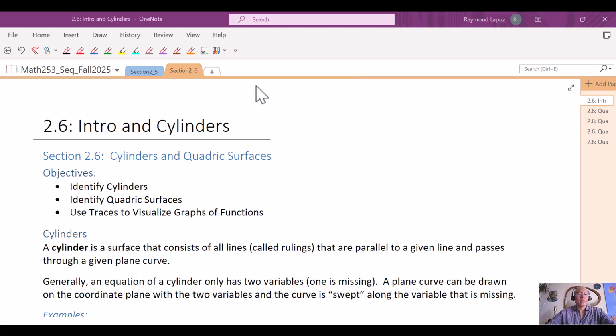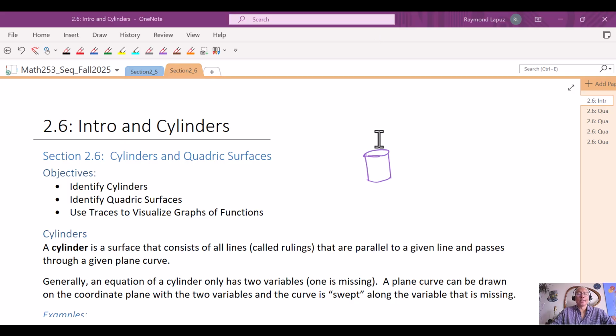Our first objective is going to be looking at cylinders. In cylinders, we think, well, I know what a cylinder is. It's one of these guys that have a circular base that has a height, and so that's what we think of when we think of cylinders generally.